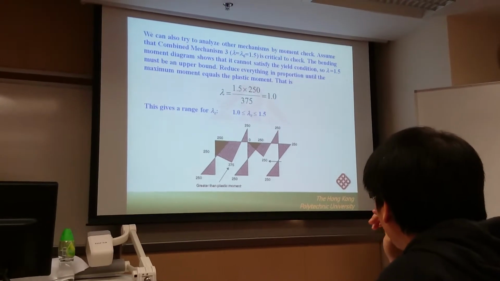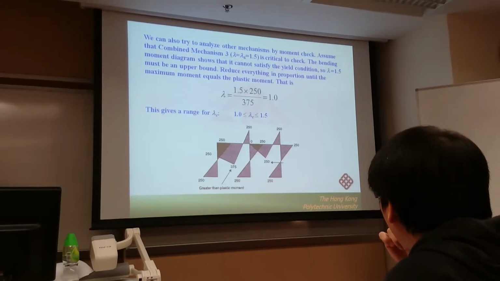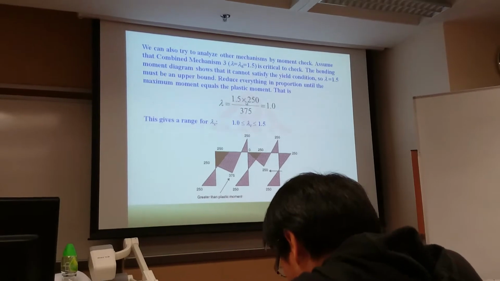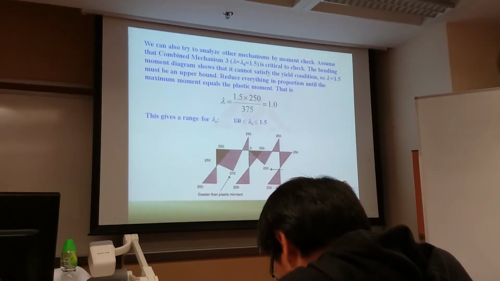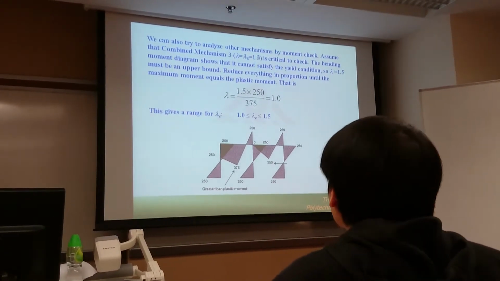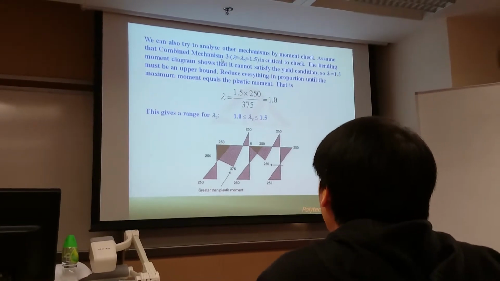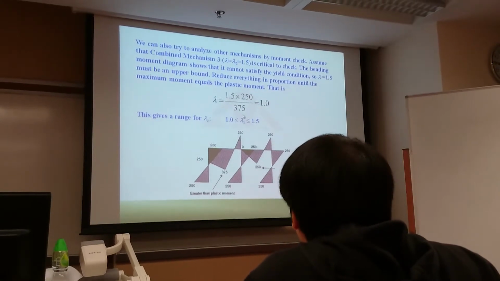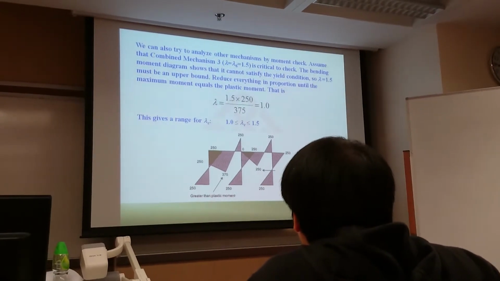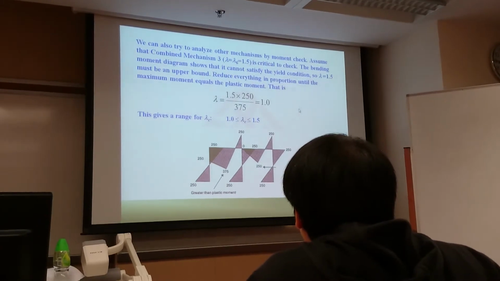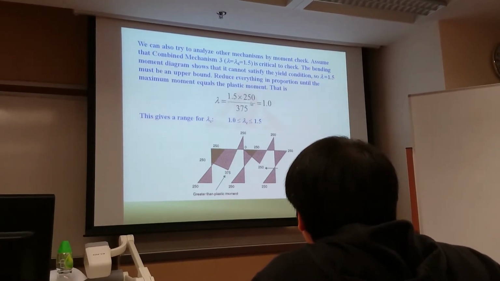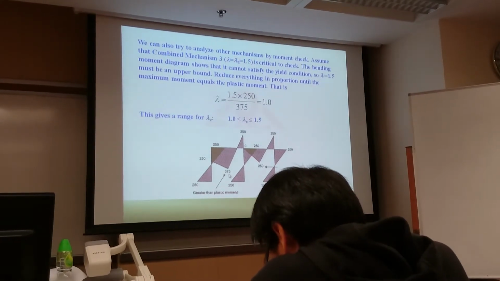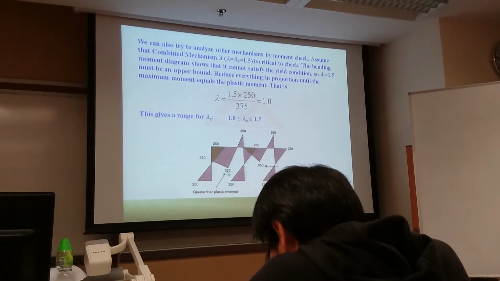So how to estimate the lower bound? We know this is the upper bound. The lower bound you can obtain by multiplying the load factor obtained from this mechanism by one factor. According to the physical meaning, this is a reduction factor. The maximum allowable moment is equal to 250, but you obtain the moment equal to 375.